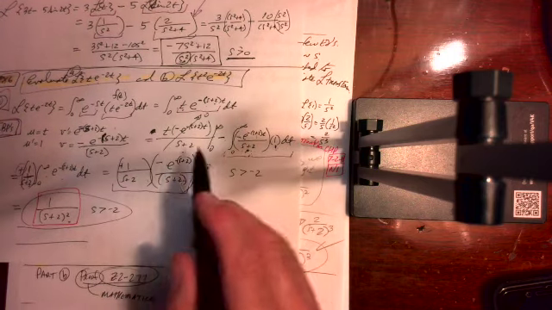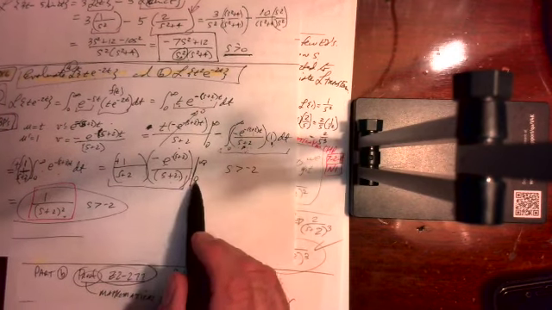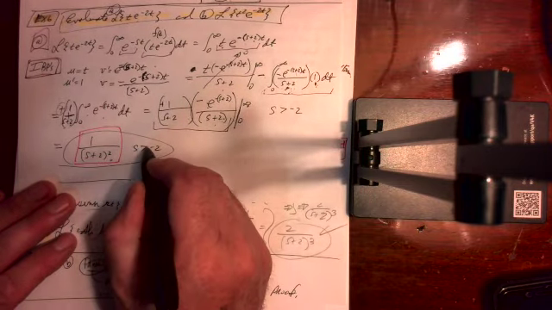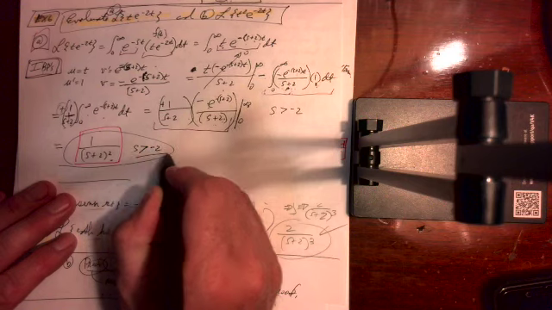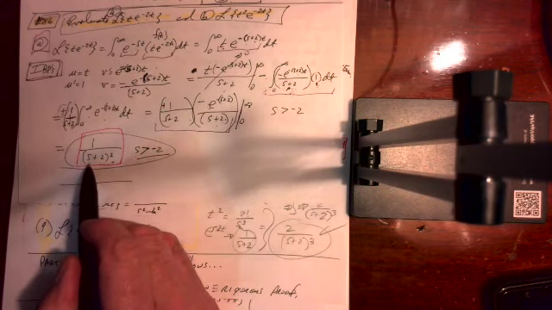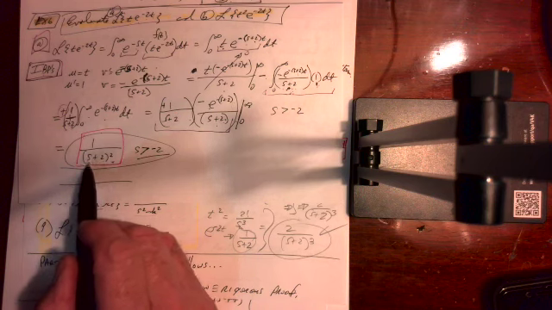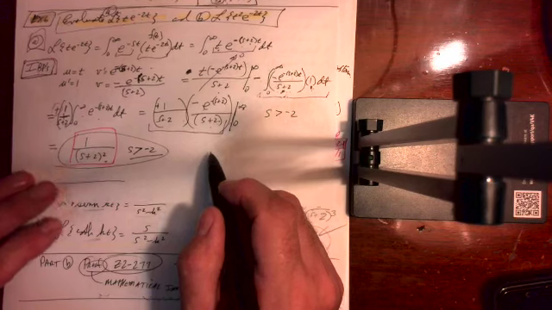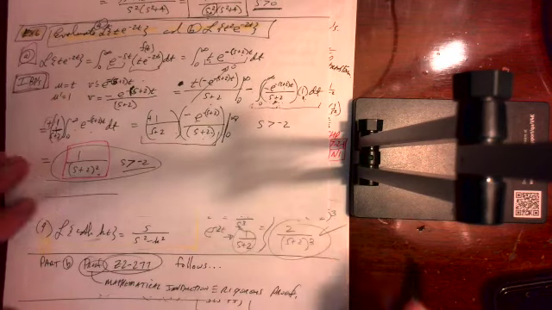You take the upper, and that goes to 0 again, but the lower doesn't go to 0, and you get 1 over s plus 2 squared, where s must be greater than negative 2, because if s is below negative 2, the exponential will blow up instead of going to 0. All right, so s must be greater than negative 2. So there you go. You're done with that one.